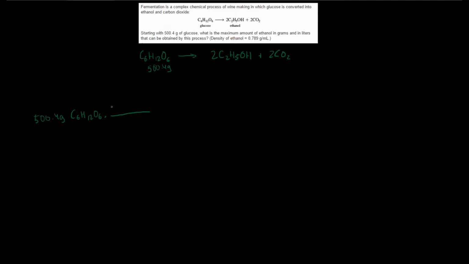And so for every 1 mole, because we want to go from grams to moles to be able to convert it to the other compound we're looking for, which is ethanol, we have 1 mole of C6H12O6, and the molar mass of glucose is going to be 6 times 12 plus 12 plus 16 times 6. That's the atomic weight multiplied by how many atoms there are in this molecule. And so when you sum those up, you get 180 grams in C6H12O6. And so when you do this, you are able to cancel out the different units.